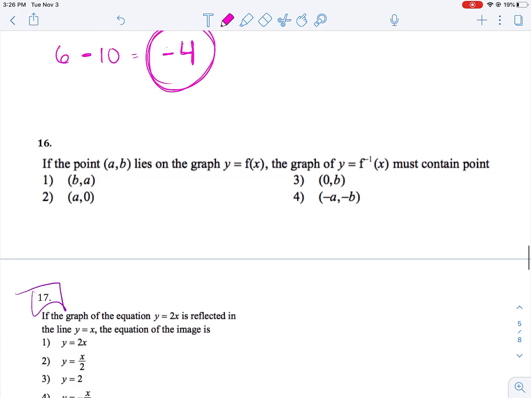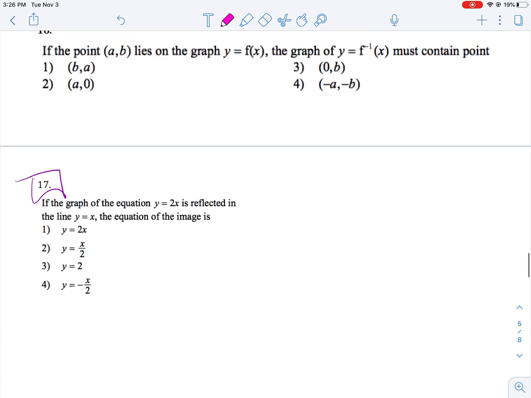All right, let's move down to 17, and then the rest is for you guys to try on your own. All right, so if the graph of the equation y equals 2x is reflected in the line y equals x, the equation of the image is. Okay, so remember when we're doing inverse, what's happening in the graph of our picture is it's actually reflecting over this line y equals x.